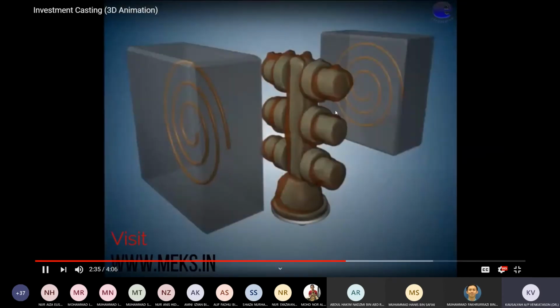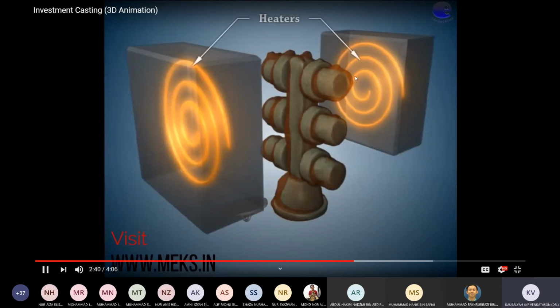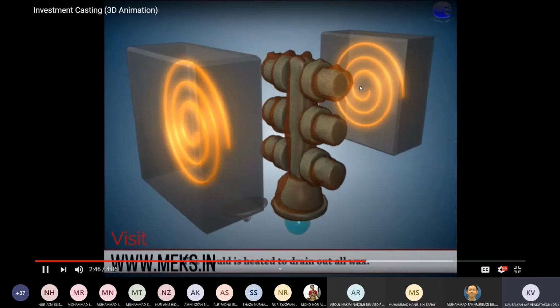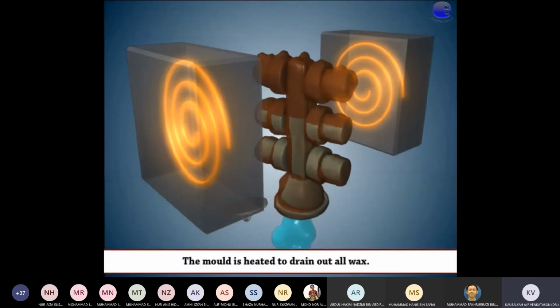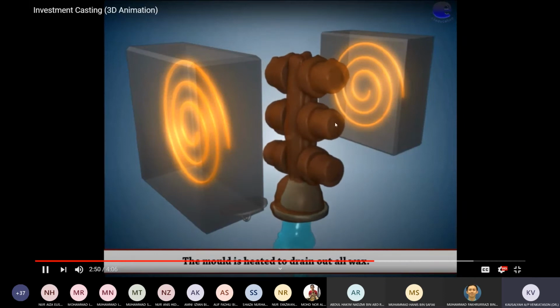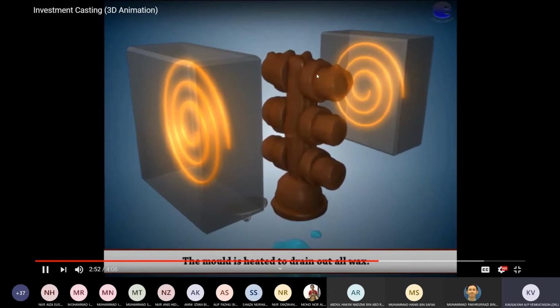So you actually melt the wax. Now you turn the tree upside down and you melt the wax by imposing heat. So when the wax comes out, you will get a cavity in this pattern. Obviously not pattern, but the slurry coat.